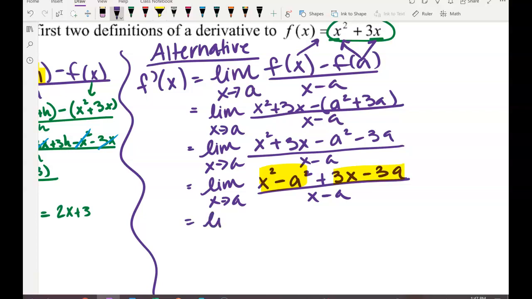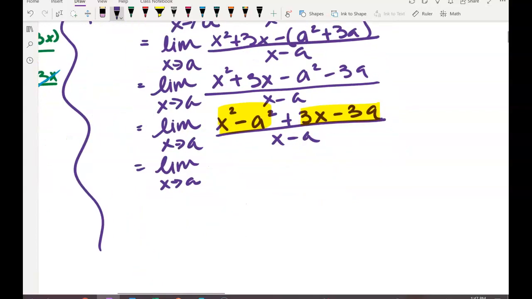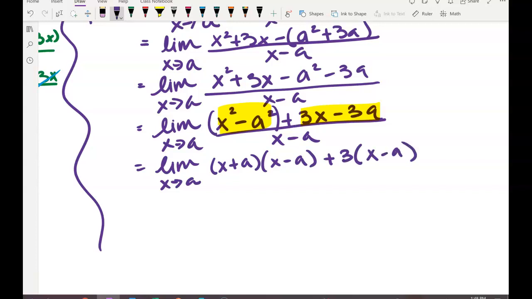The limit as x approaches a. The first two terms, that's a difference of two squares, so x plus a times x minus a. The second two terms, we can take out a 3 because that's the GCF. We now have x minus a left, all over again, x minus a.